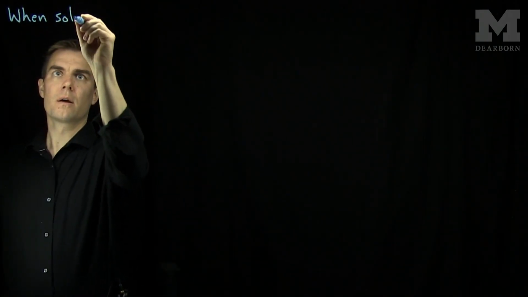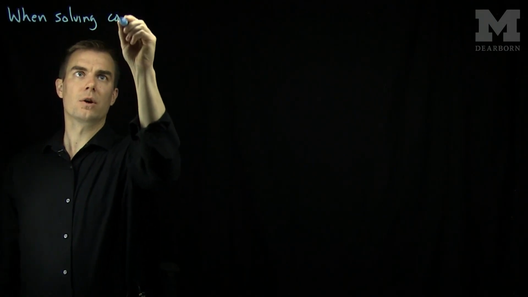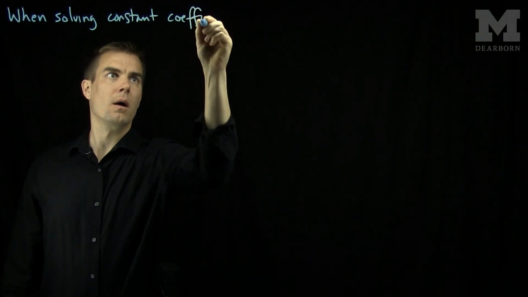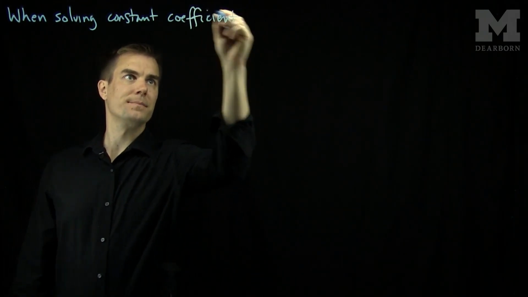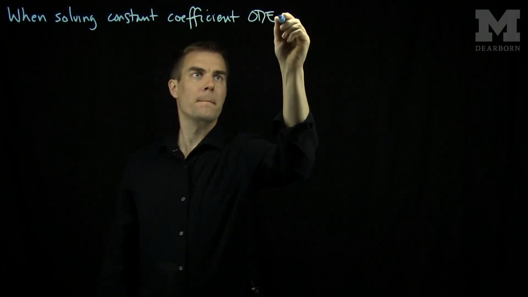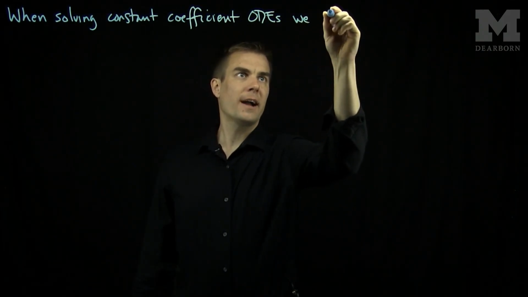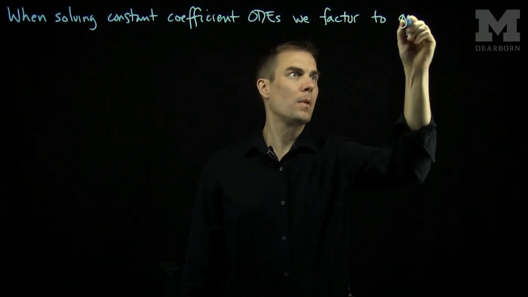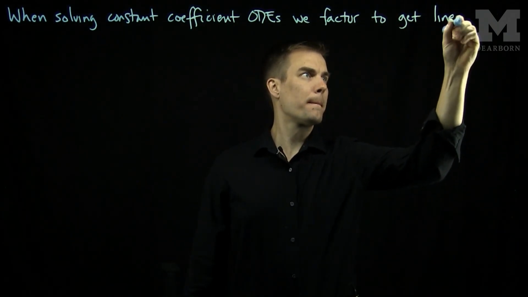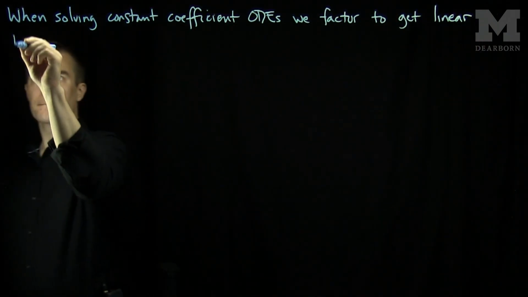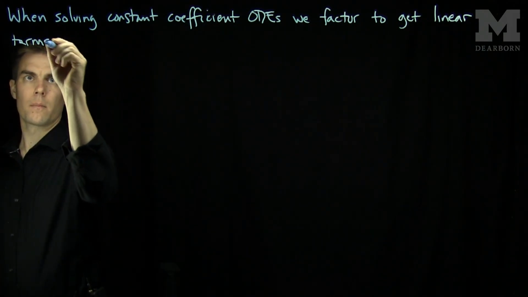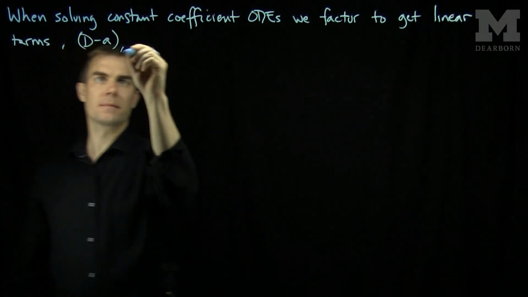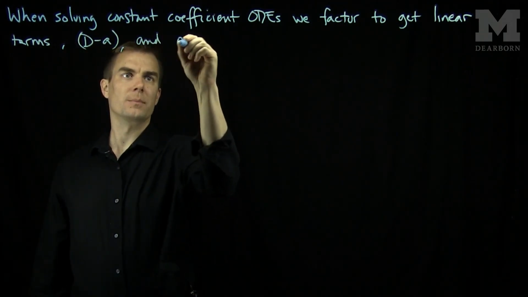When solving constant coefficient ODEs, we factor to get linear terms, these are terms of the form d minus a, and quadratic terms.